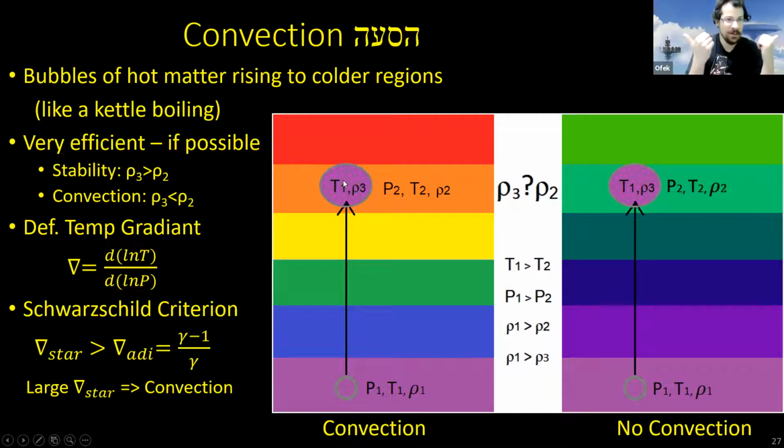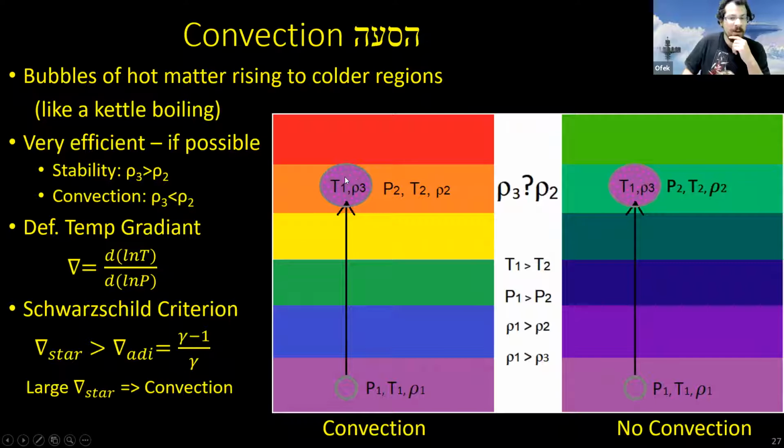However, the pressure on the outside, P2, is lower than the pressure P1 at the bottom because the environment is colder, and so the pressure is lower. If there's less pressure on the outside than on the inside, that means the bubble will expand. The high pressure will cause it to expand, which means the density will decrease.